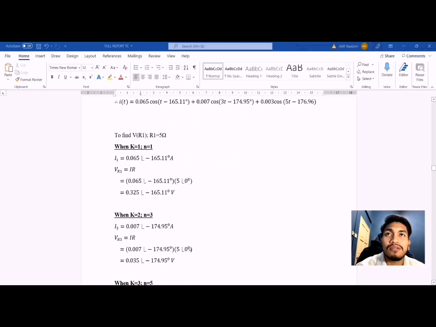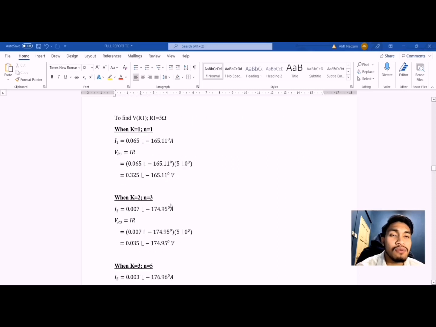And next we have to find the voltage for each component, for the R, C and L. We start with the R first. R is equal to 5 ohms, and by having the information of the I1, we just use Ohm's law, V equal to IR, and we will have 0.325 angle of negative 165.11 degrees volt for VR1.